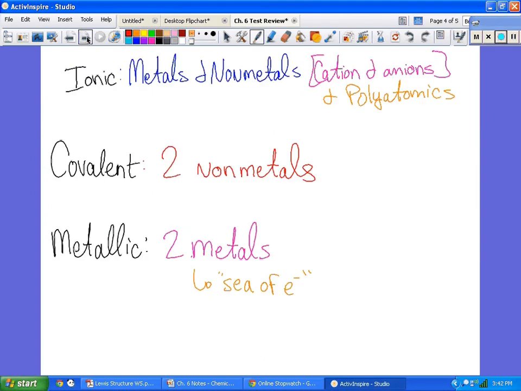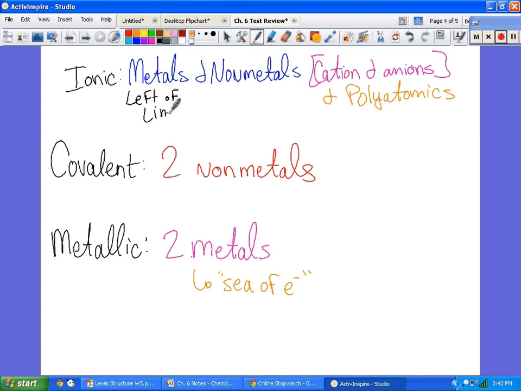In an ionic, it's a metal and a non-metal. Let me help you out as far as the periodic table is concerned. What is that line called that's always dark and heavy? That separates the metalloid line. So if it's a metal and a non-metal, where do the metals come from? The metals are left of the line.